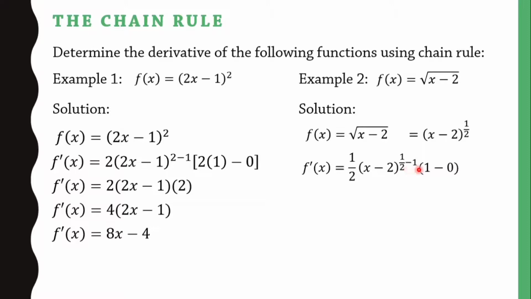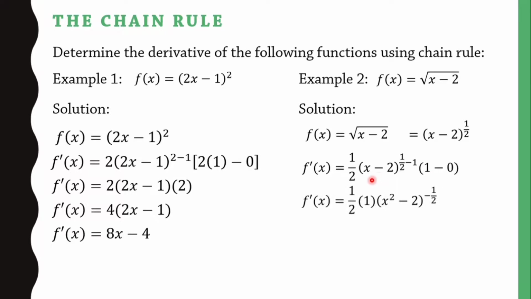Then we multiply it by the derivative of the function inside the parenthesis. So that is the derivative of x, which is 1, minus the derivative of 2, which is 0. Okay, so we simplify.